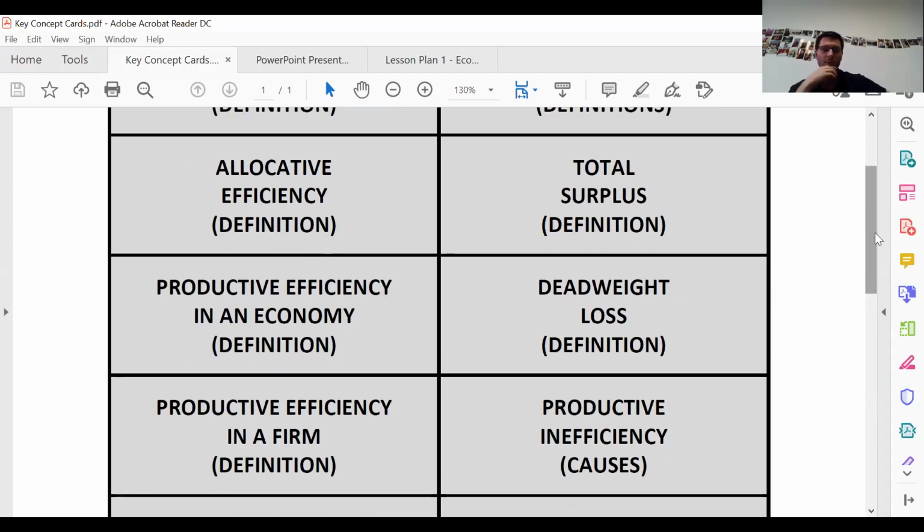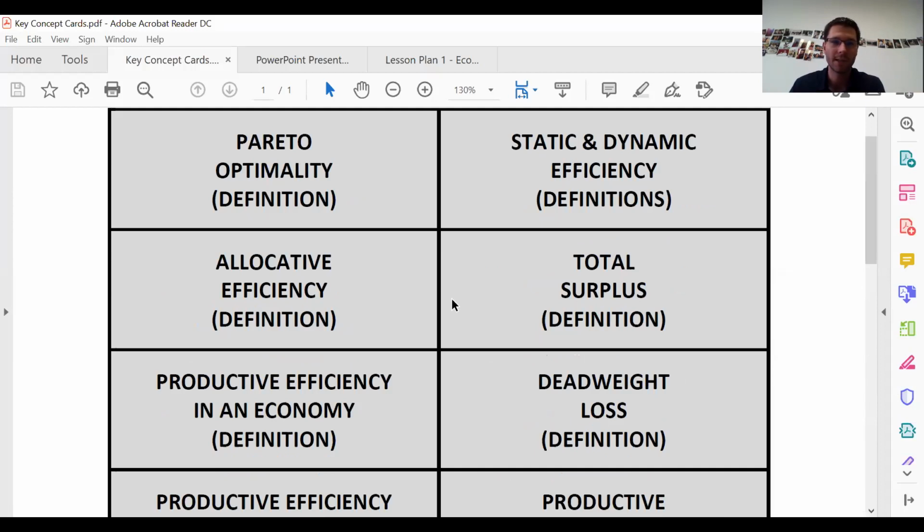And then what you can do is you cut these concept cards, you put them in a box, and you go through your classroom and you ask each student to pick one. And then, for example, if they pick deadweight loss definition, they have to stand and give the definition of what a deadweight loss is.